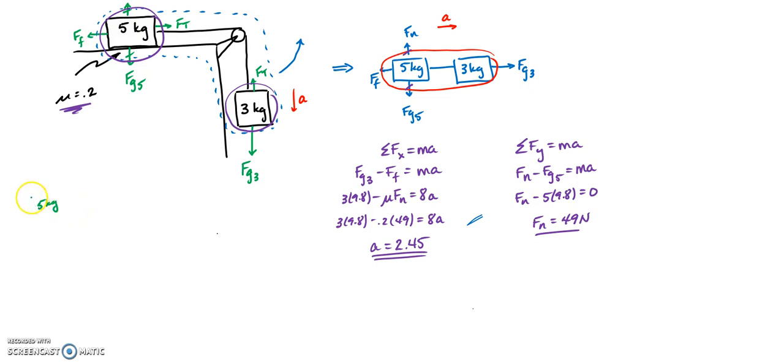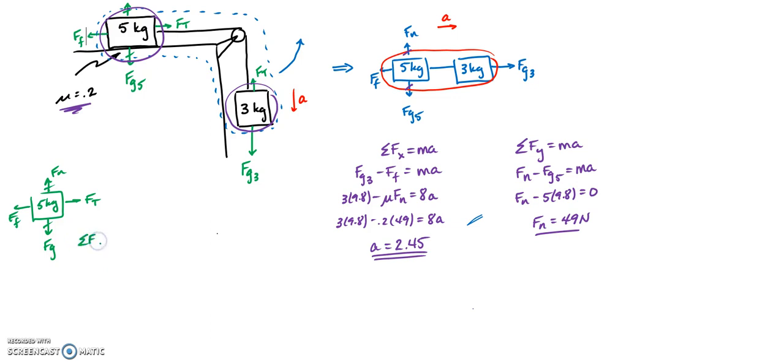And if we look at just the 5, I'm going to redraw that force diagram, a little rough. So I've got force of tension, force of friction, force normal, force of gravity, and again, those are balanced. So I'm going to do a net force equation.